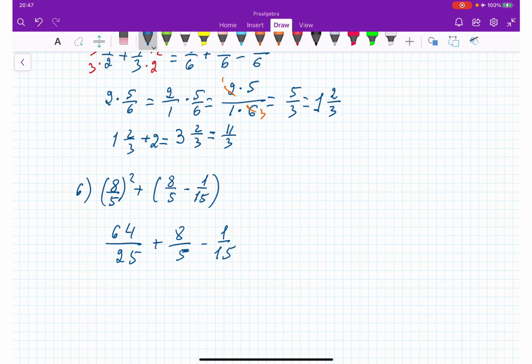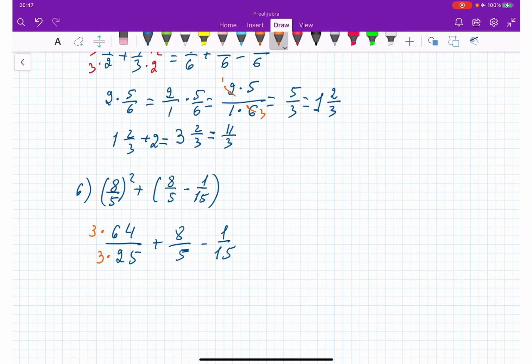I am teaching how to find a common denominator in a completely different way than in the textbook. And it's a better way, I believe. Anyway, okay, so 75, which means to get 25 to 75, I need to multiply by 3, and because I don't dare to disbalance the fraction, I multiply the numerator also.